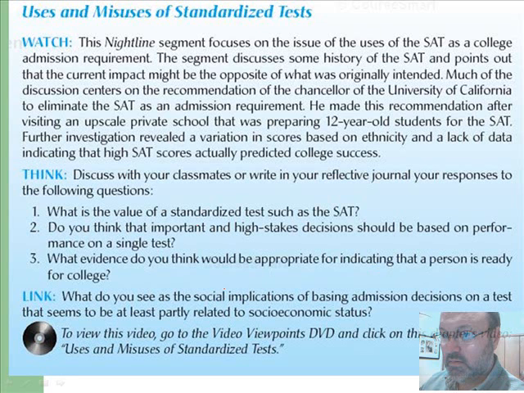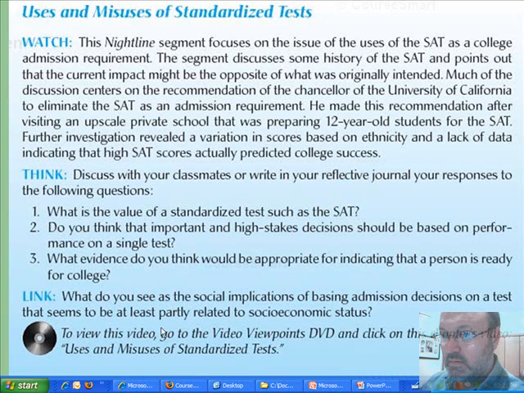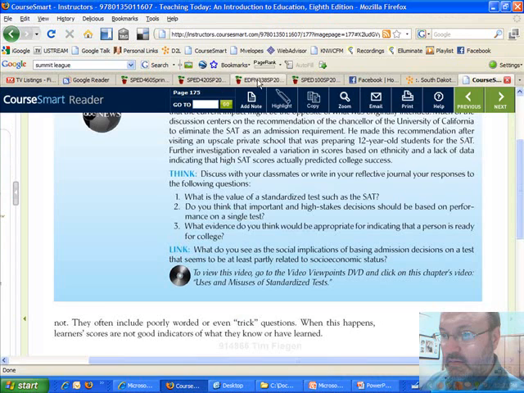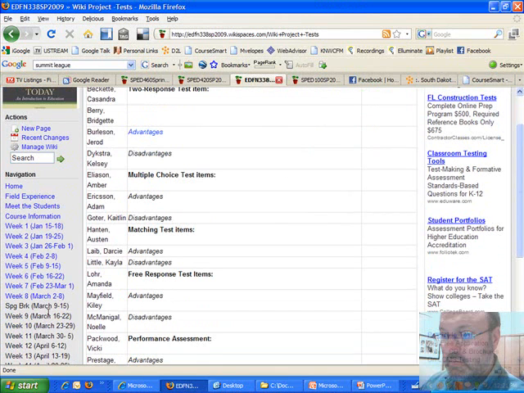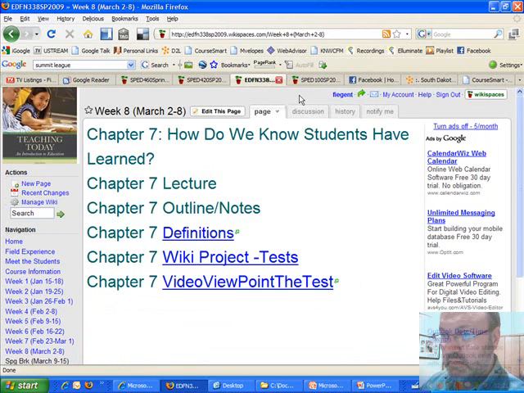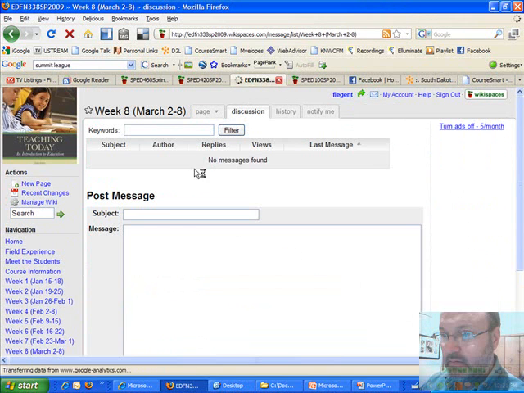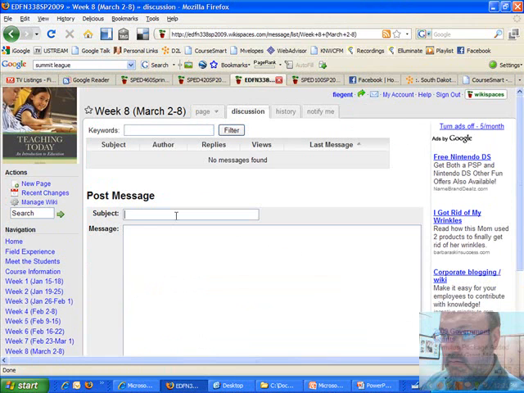I'm just going to give you one question today as far as the discussion board. We'll come up here to the discussion, and here's your question. What evidence do you think would be appropriate for indicating that a person is ready for college?